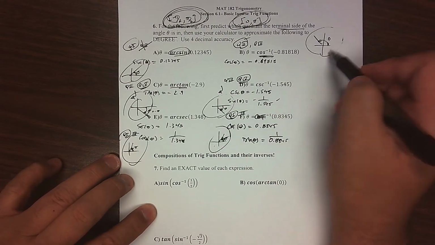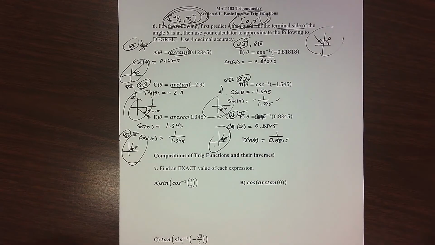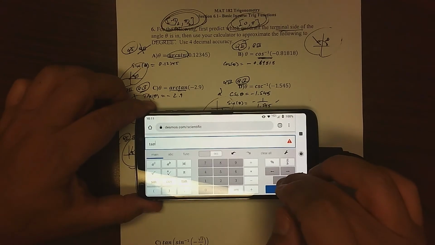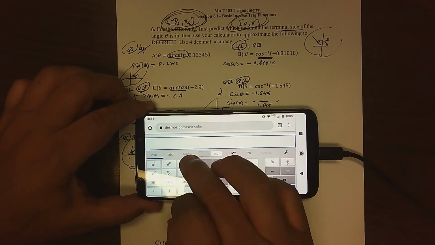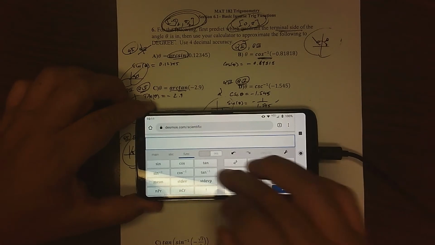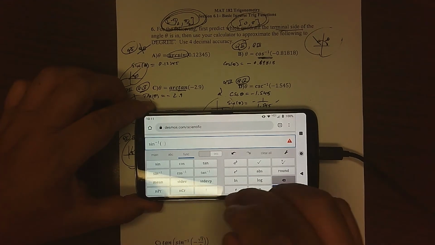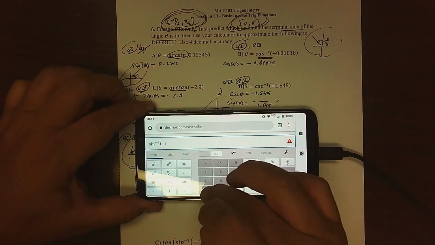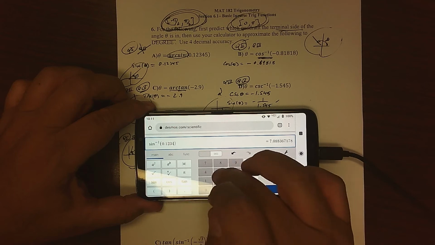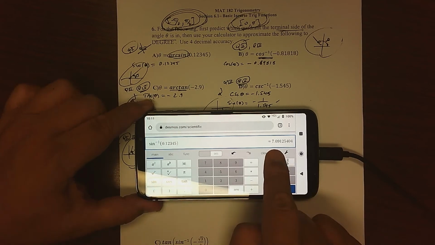For each one of these, if I had to draw the angle that we're going to get back when we use our calculator. So using our calculator, what do we get? Well, for the first one, we're talking about the arc sine, or the inverse sine, of 0.12345.